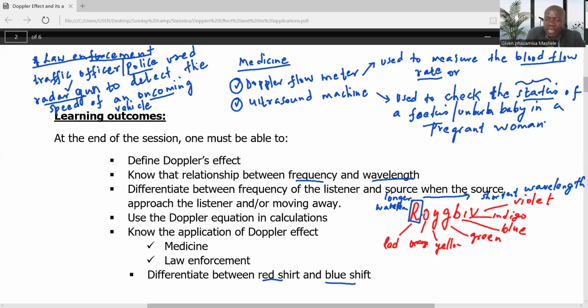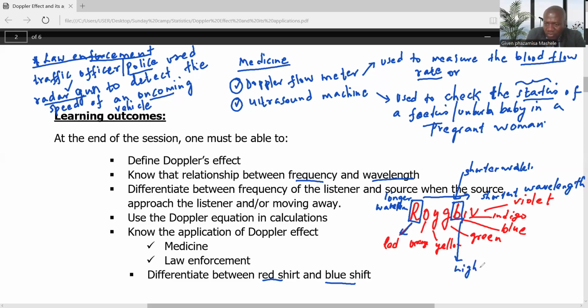So if we are comparing red shift and blue shift, blue color has a shorter wavelength. And a light that has a shorter wavelength will have a higher frequency.